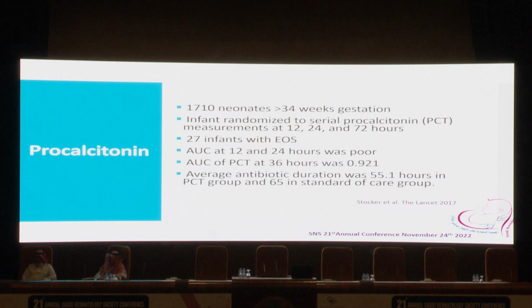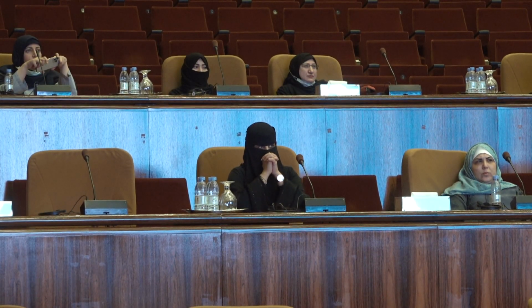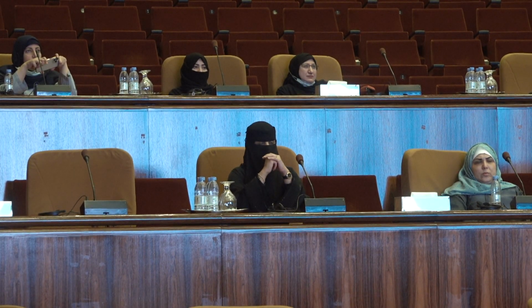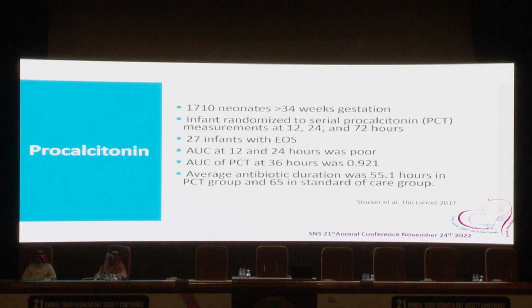Maybe procalcitonin works or performs better than CRP. This is a very big randomized controlled trial done by Dr. Stocker over 3 years. They included 1,700 neonates of more than 34 weeks of gestation, and they took serial procalcitonin levels at 12, 24, and 72 hours.